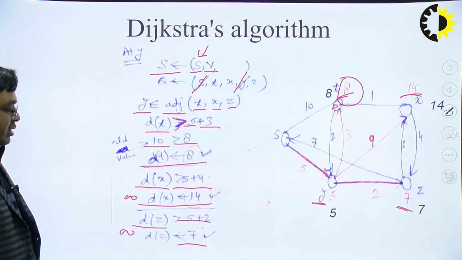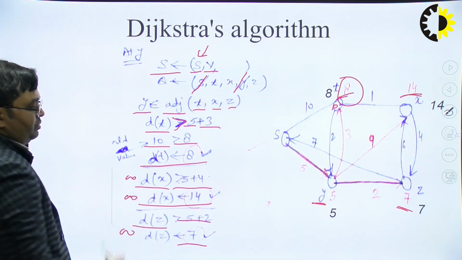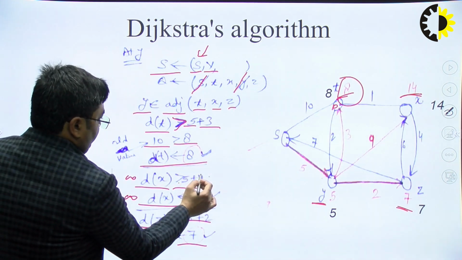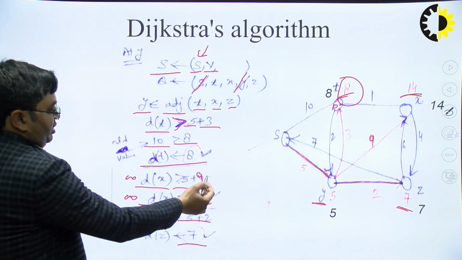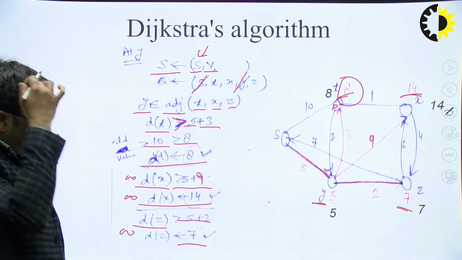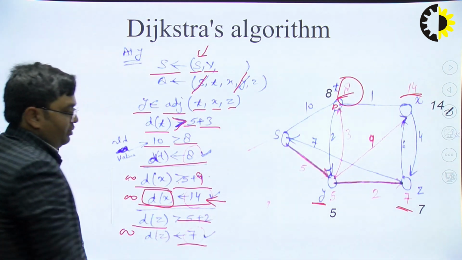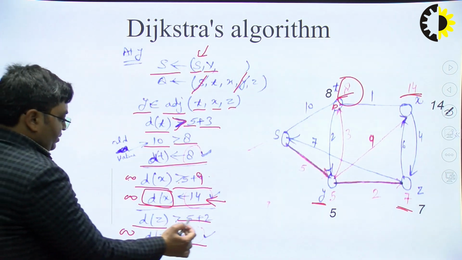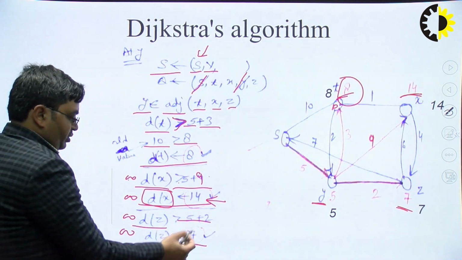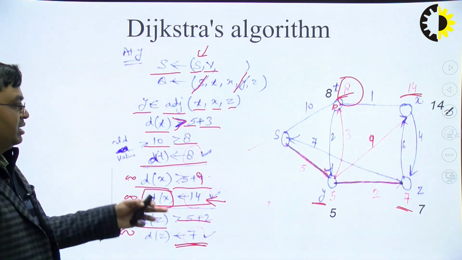So infinity is greater than or equal to 14, which means dx will be taken as 14 only, and 5 plus 2 is equal to 7, so infinity is greater than 7, which means dz will be taken as 7.